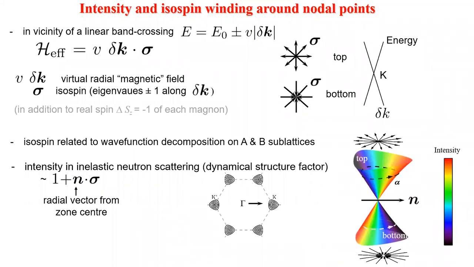So if we look, plotting one projection as a color on the Dirac cones, then at the position here, which is away from the zone center, where the isospin is along the radial wave vector, this will be high intensity. But if we go 180 degrees to the other side, they're in opposite phase of the intensity count.